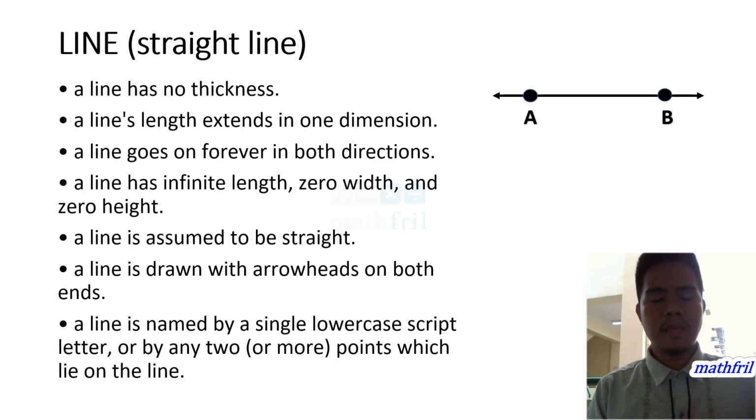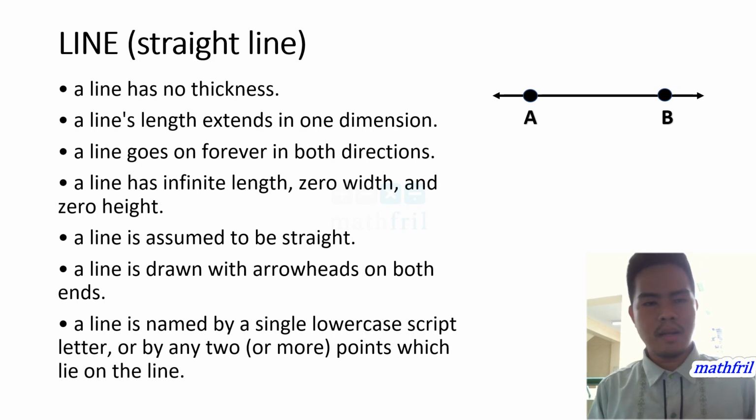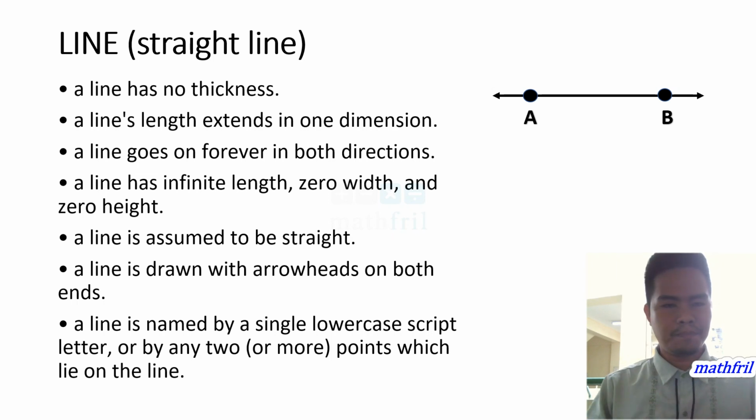The next undefined term is a line, basically referring to a straight line. A line has no thickness; it could be big, large, or something. A line also has length and extends in one dimension, so it could go to the left side or right side, one dimension.